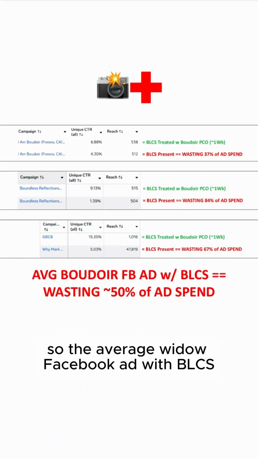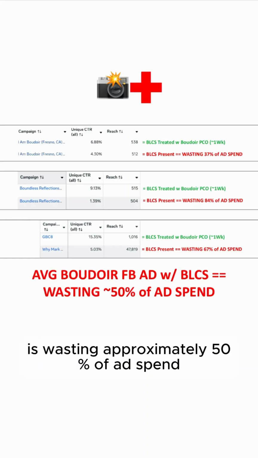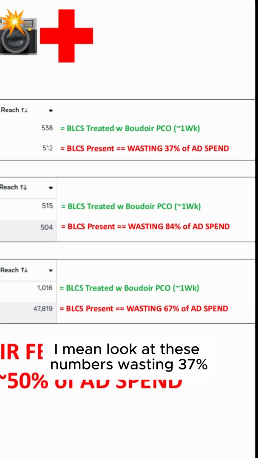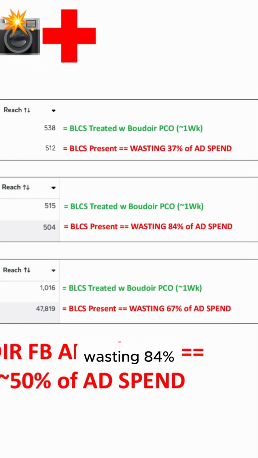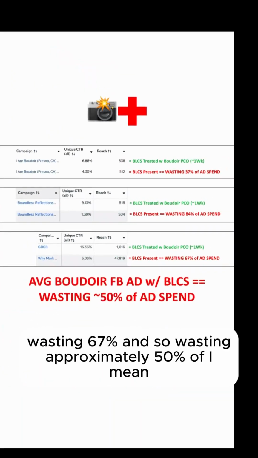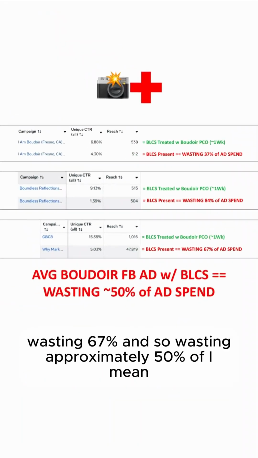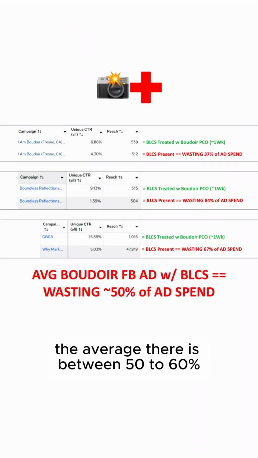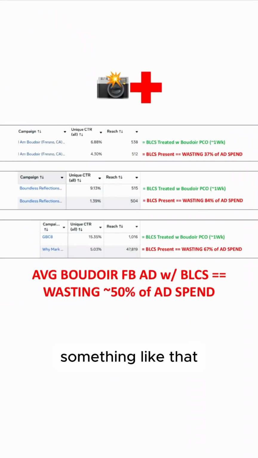So the average Boudoir Facebook ad with BLCS is wasting approximately 50% of ad spend. I mean, look at these numbers: wasting 37%, wasting 84%, wasting 67%, so wasting approximately 50% of it. The average there is between 50 to 60%, something like that.